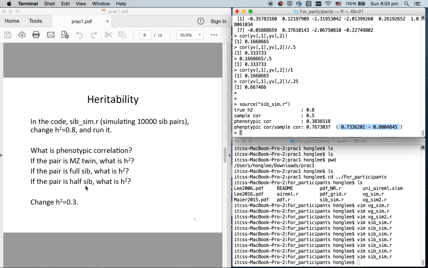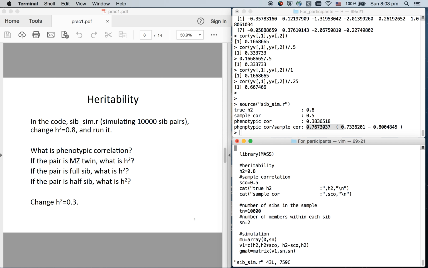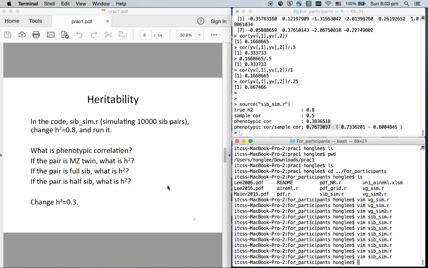And what if the design is based on half sib? Then you get a different heritability, right? Okay, now back to point 3 as before, then go to the next question.